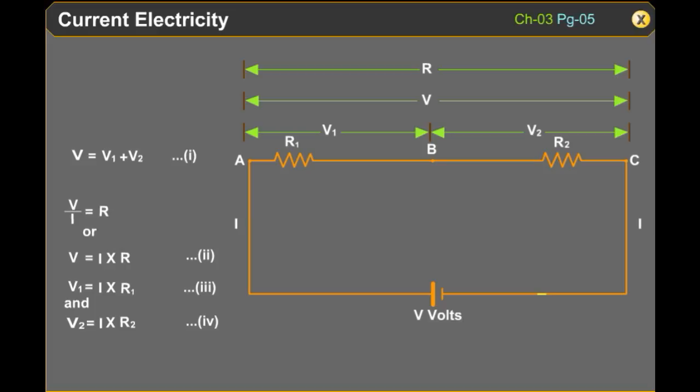Putting the values of V, V1 and V2, we get I into R is equal to I into R1 plus I into R2, or I into R is equal to I into (R1 plus R2). Resultant resistance, that is combined resistance or equivalent resistance, R is equal to R1 plus R2.